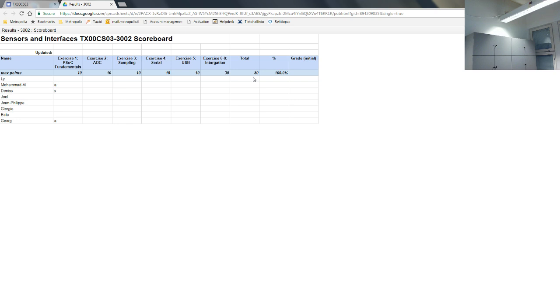Which means that you need to score quite good points. But most of these exercises are either done or not done, so it's quite simple to get the highest grades.